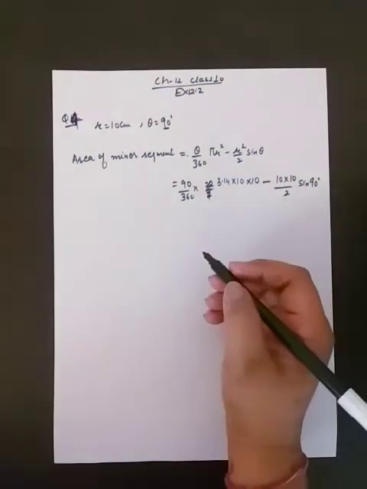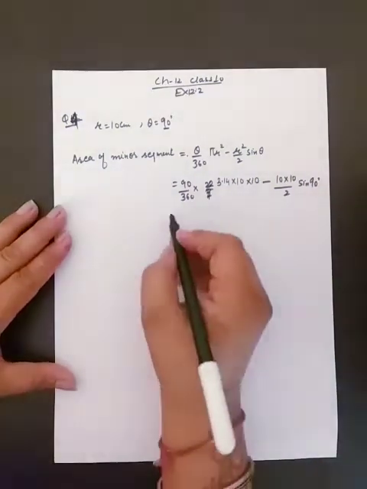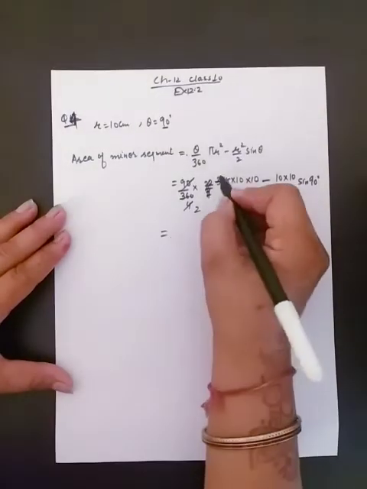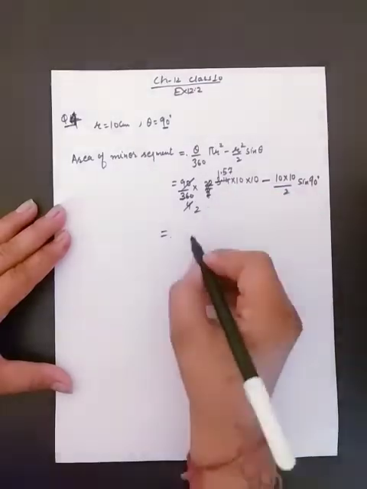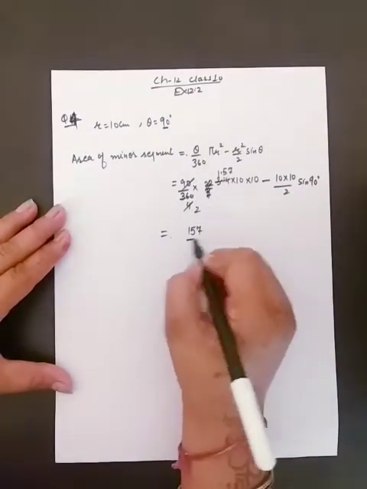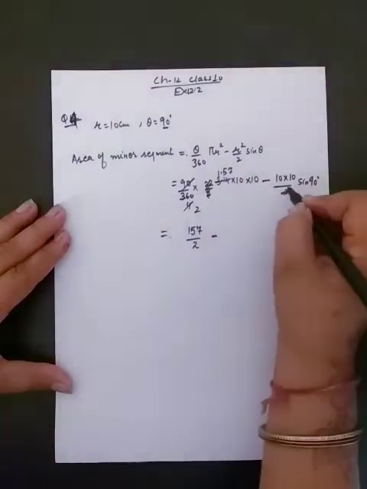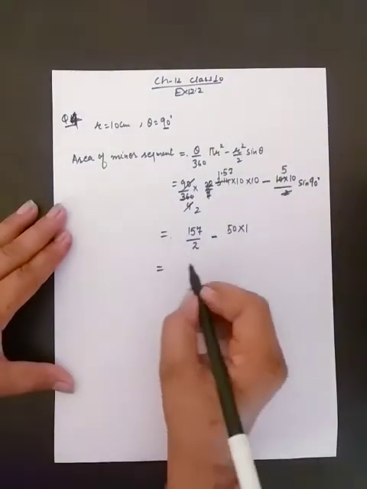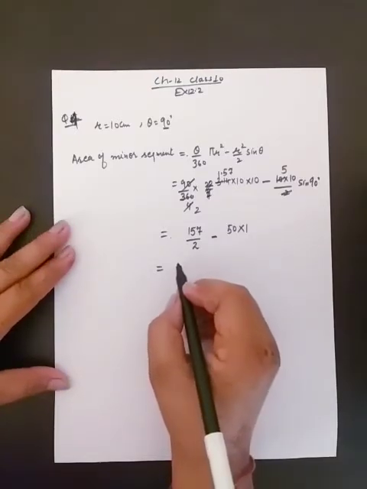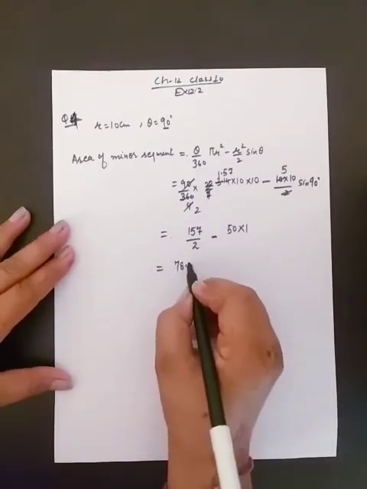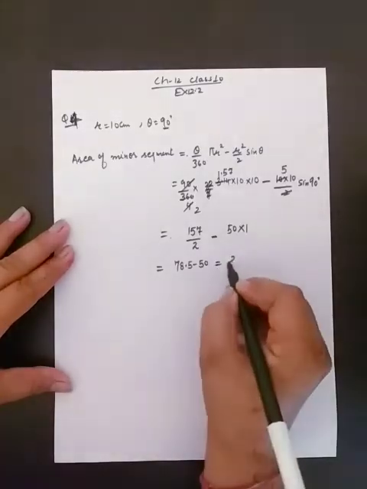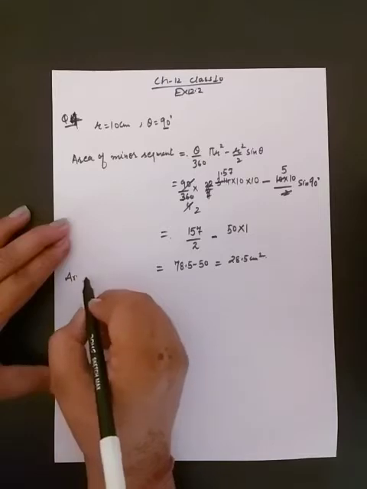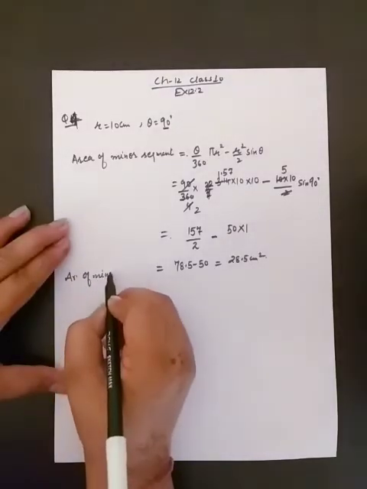And you were told that sine 90 is 1. So it will be 157 by 2 minus 50, and sine 90 is 1. So it can be written as 78.5 minus 50, and it will be 28.5 centimeter square. This is the area of minor segment.